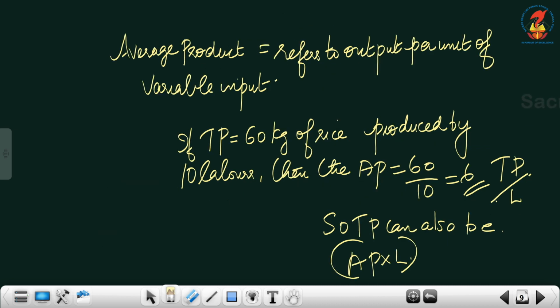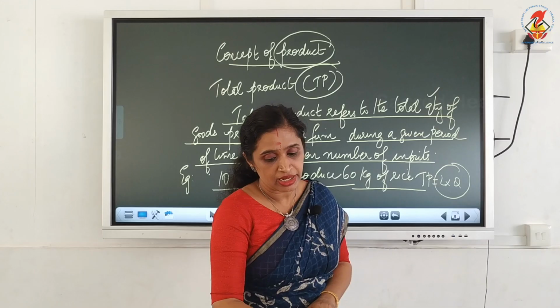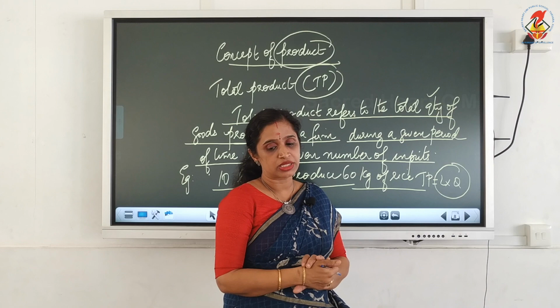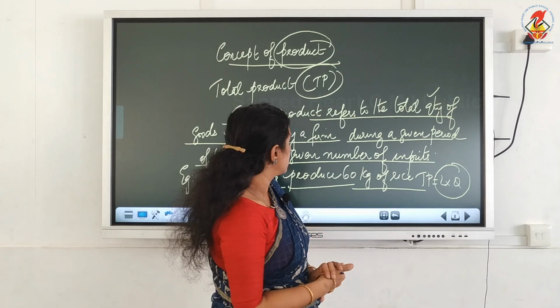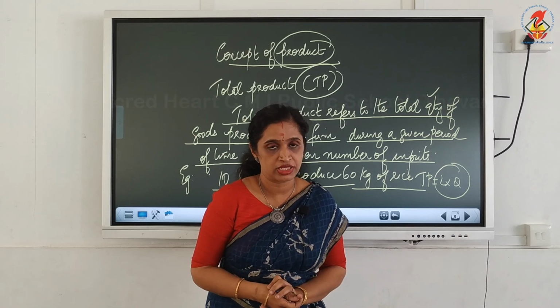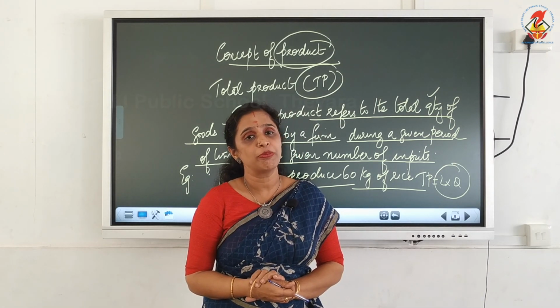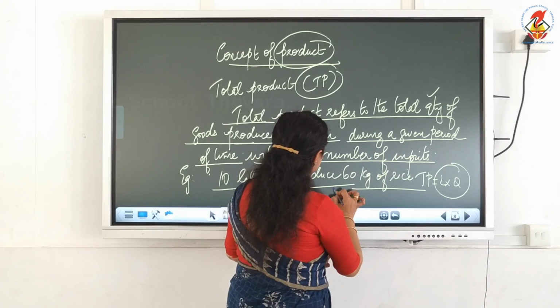How many laborers are there? 10 laborers are there. They produce 60 kg of rice. Therefore, the total product is 60 kg of rice. So each one is producing 6 kg of rice. Therefore, total product is equal to 60 kg.